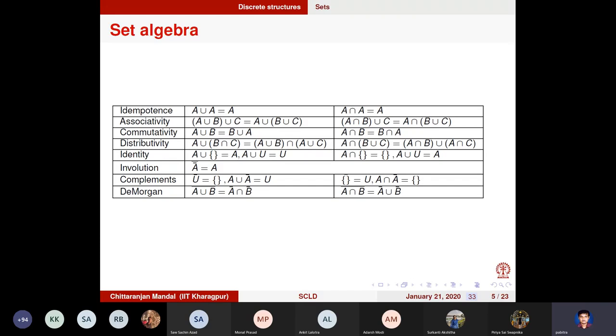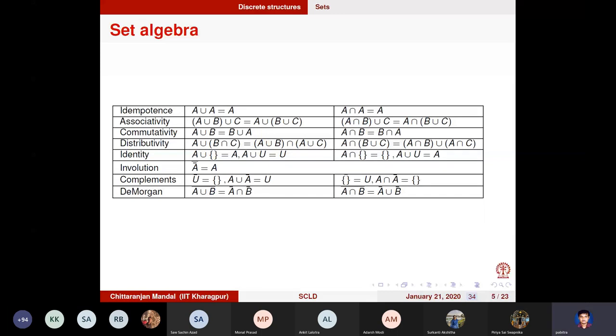Okay, so let's write down some such laws of set algebra. Again, I repeat, the purpose of this law is that if you have an expression, you can reduce the expression by applying this law, that means substituting the left hand side by the right hand side.